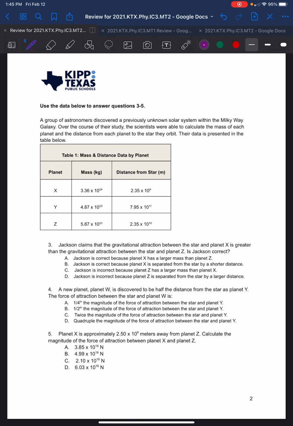Question 3 says, Jackson claims that the gravitational attraction between the star and planet X is greater than the gravitational attraction between the star and planet Z. Is Jackson correct? Well, if we remember, gravitational force is equal to capital G, the gravitational constant, times the mass of the first object times the mass of the second object, divided by distance squared.